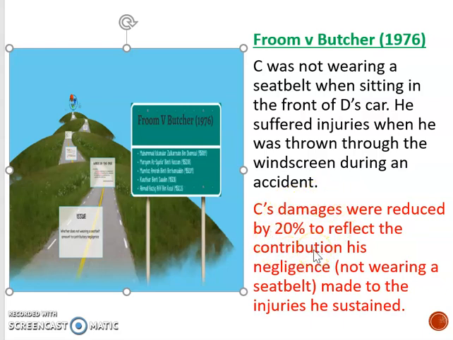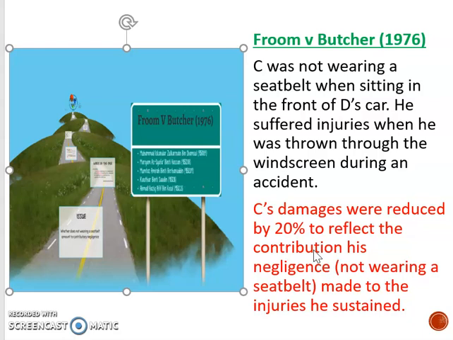And I think what he was saying there was logical, was that if the claimant has not worn a seatbelt but it made no difference, then obviously we wouldn't reduce the damages. But where not wearing a seatbelt has made a difference to the damage, we are going to apportion blame and we are going to reduce it.